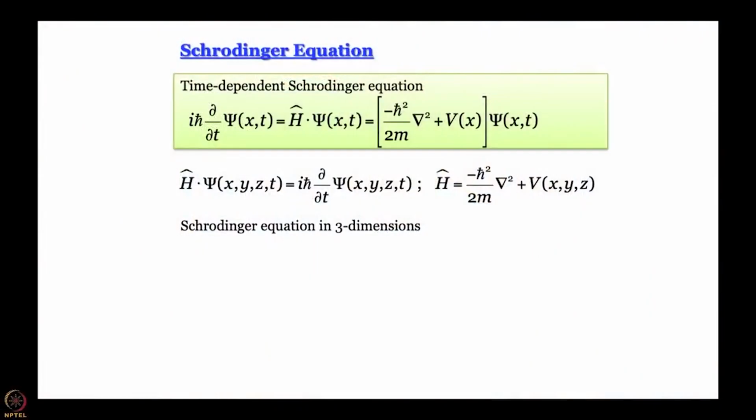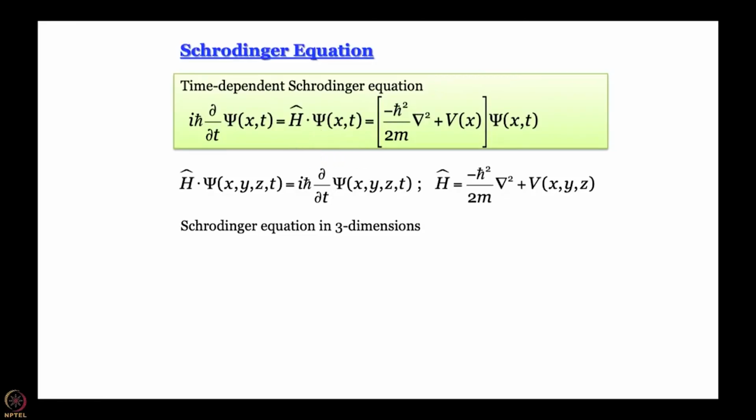So, the Schrodinger equation, which is the classical wave equation for the de Broglie waves, looks like this: i h cross multiplied by del psi by del t, the space and time dependent wave function, is equal to H hat operating on psi, which of course is a function of space and time.